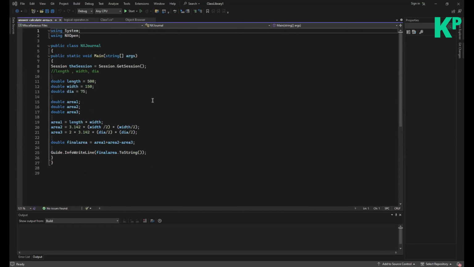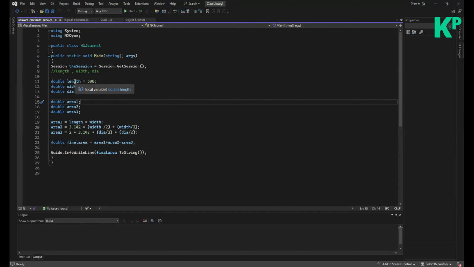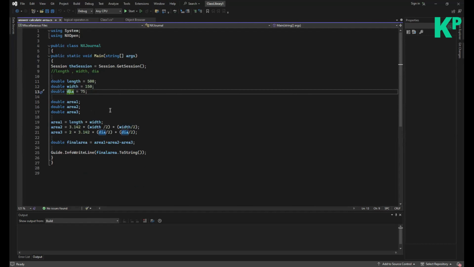Let's have a look at an example. Here is an example where there are several parameters: length, width, and diameter, and there are areas calculated out of these parameters: area 1, area 2, area 3. We can see there are a lot of arithmetic operators used here.